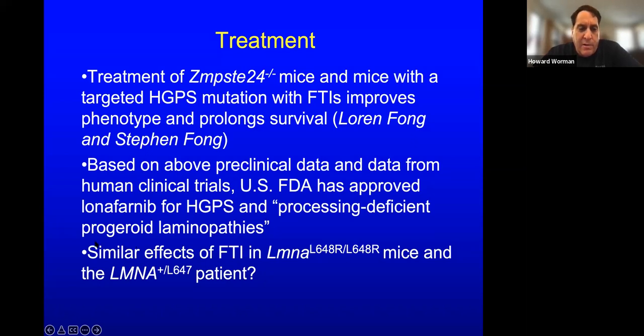And we wonder, although we haven't done this yet, if FTI would have similar effects in the L648R mutant mice. And should we try it in the patient, although our patient has become lost to follow-up, she hasn't come back to Columbia.